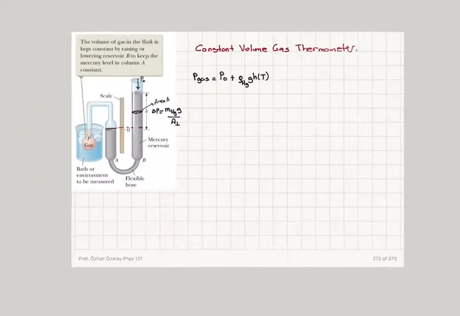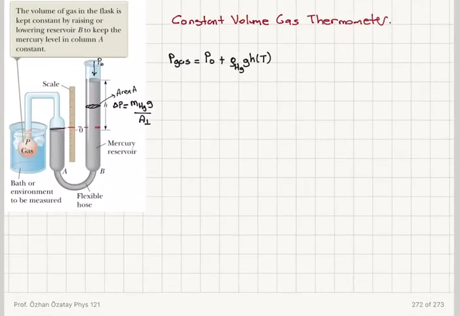This is area A, and remember that is not changing in this column. So I have rho g h giving me the additional pressure due to mercury. Now, since the pressure of the gas will depend on temperature, it will be reflected as the change in the column height of mercury.